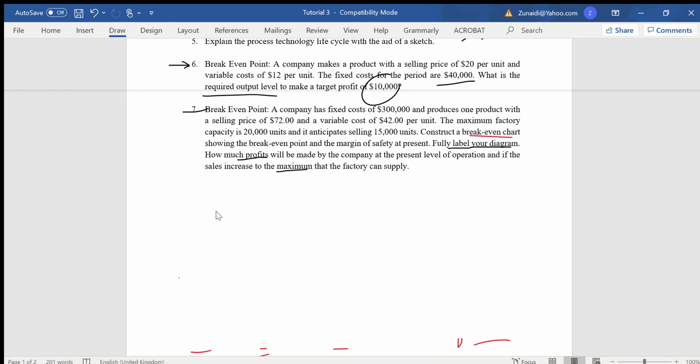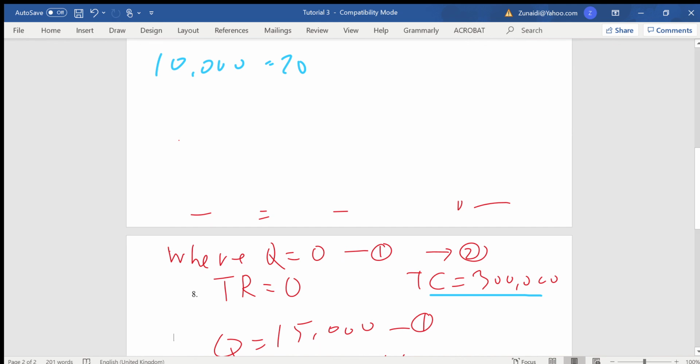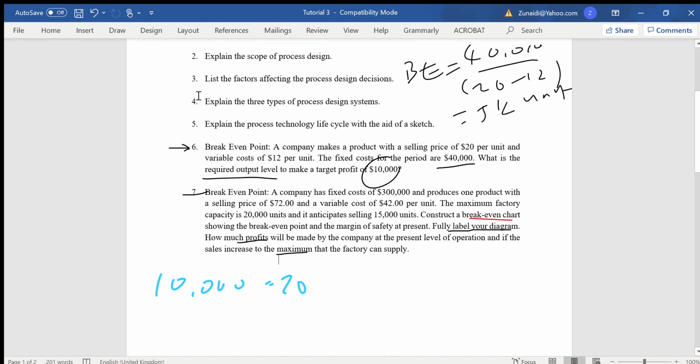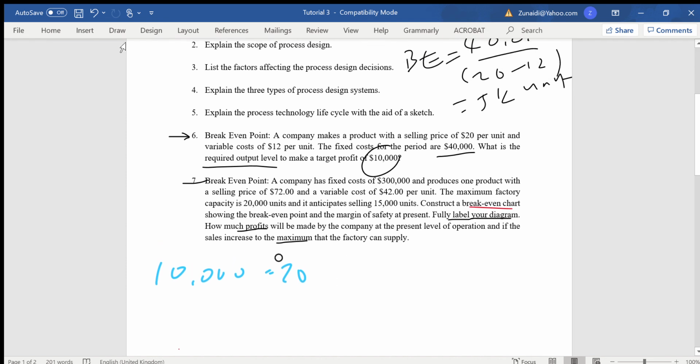So for the target, 10,000 is the target. So we can get the sale or revenue. Revenue is the selling price $20 multiplied by quantity.